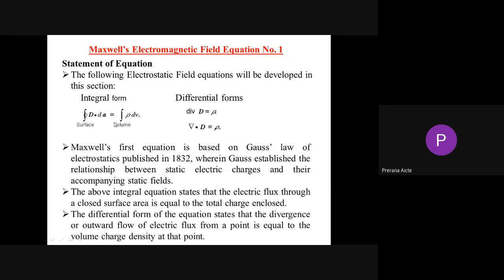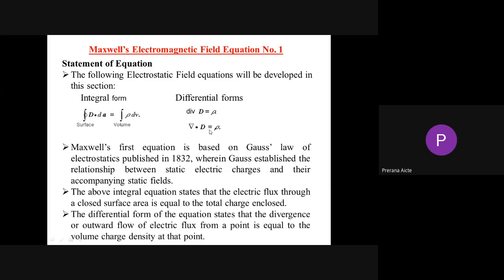Okay, the differential form of the equation states that, for the differential equation, divergence of D is equal to rho. This div is nothing but the divergence, not division. That divergence is represented as a dot product, del dot D, of the electric flux density.